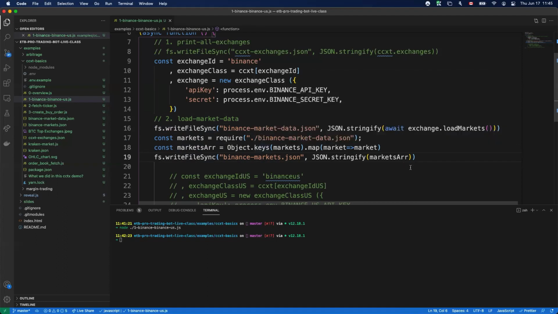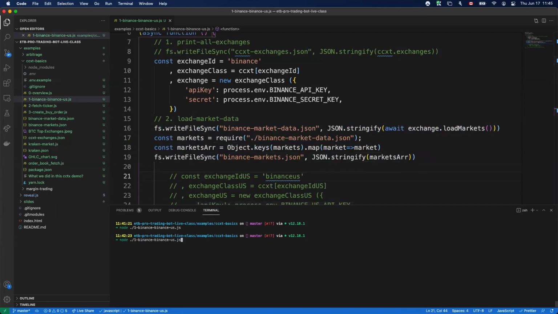If you would like to find out how many markets are available in an exchange like Binance, this is a step-by-step process to loop through it. The first thing is to get the market data, and the second is to extract the available markets and store them in a file called Binance Market.